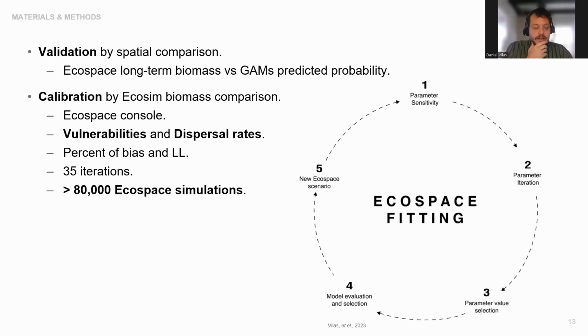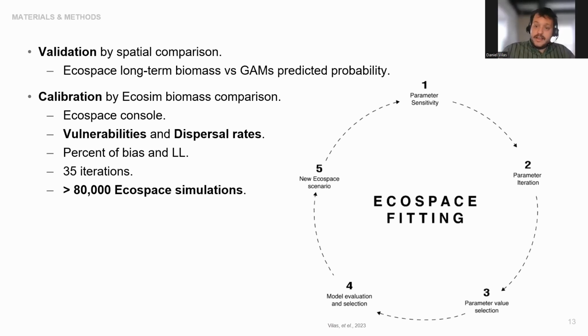And to do that, it is just an iterative process in which we consider all vulnerabilities and dispersal rates parameters available on this Ecospace model, and in each iteration perform a parameter sensitivity in which we select the most sensitive parameters.